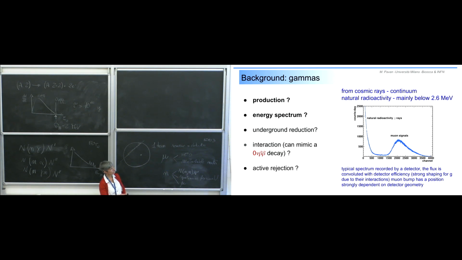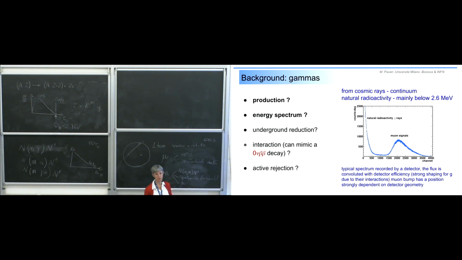You have a continuum decreasing in energy due to cosmic rays, and you also will see in whatever detector a peak due to muons, those muons that produce ionization in your detector. But basically your gamma spectrum will be something like this, plus a number of peaks that are due to the radioactive chains. Okay?